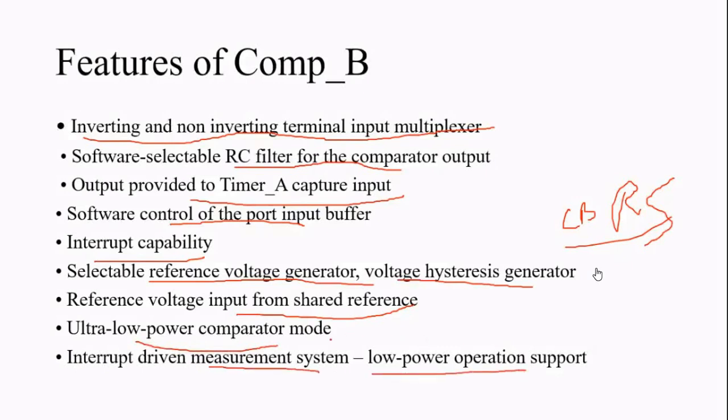Whenever it is not required, you can switch off the comparator and save power. It also works with interrupts, which is called interrupt driven measurement systems. So these are the general features of comparator B.